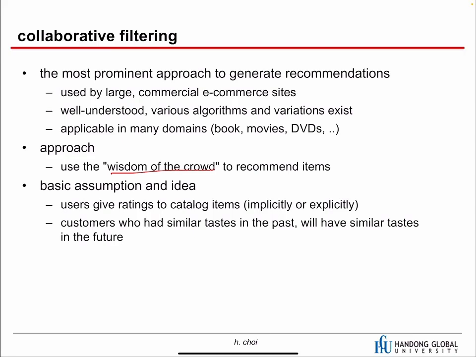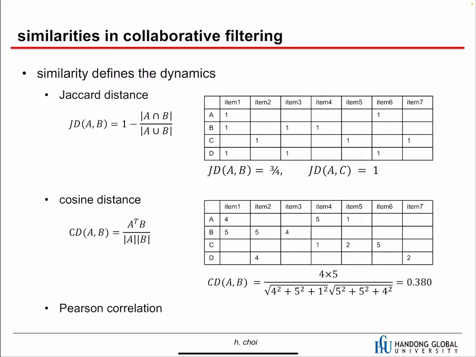That is the assumption. So the important question is how to calculate the similarities between the items. That's the main point of collaborative filtering. We can actually use a couple of different similarities. First one is Jaccard distance.